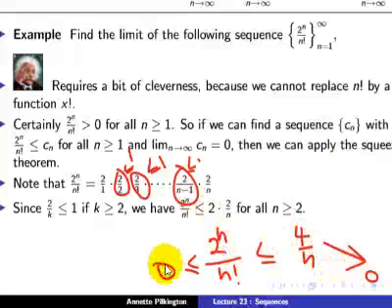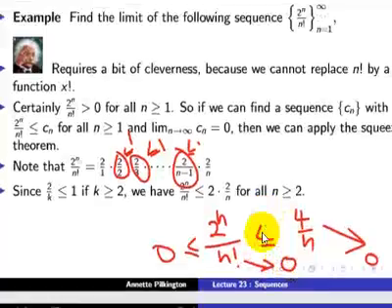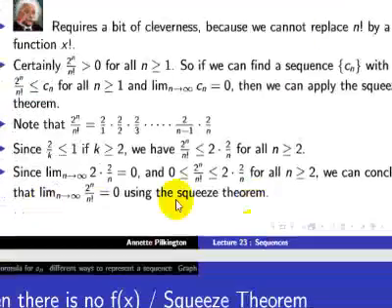This one is bounded by this one, so this is the bound, right? This term becomes 0 as n tends to infinity. Then what happened to this term? By using the sandwich theorem or squeeze theorem, this term also approaches 0 as n tends to infinity.